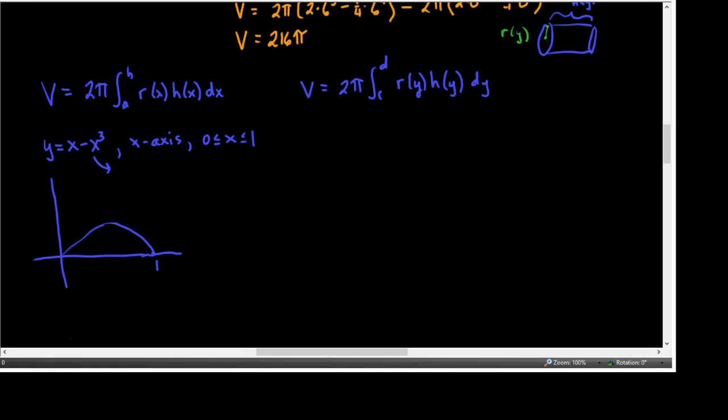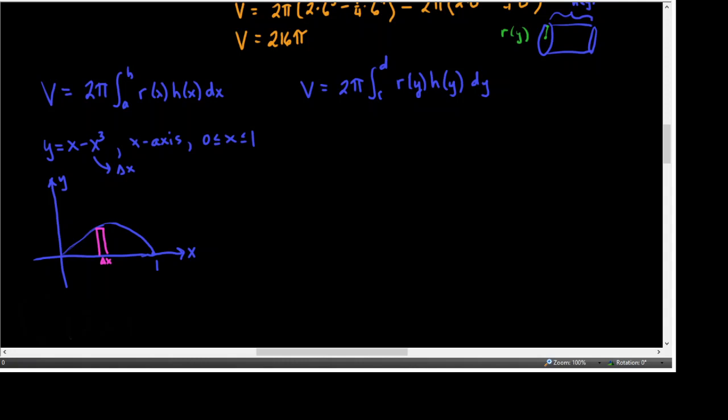Because of the information that's given, I want to use delta x because y is given as a function of x. So that means I'm going to have a representative rectangle that's delta x wide. Then I'm going to pay attention to the axis of revolution, and that will determine which of the two methods I'll use, disk washer or shells.